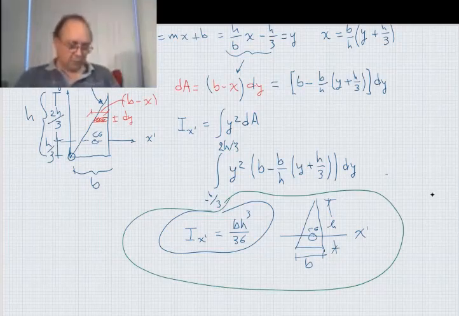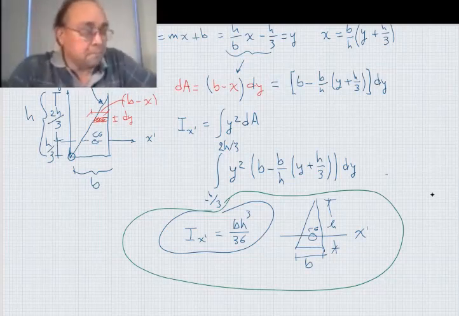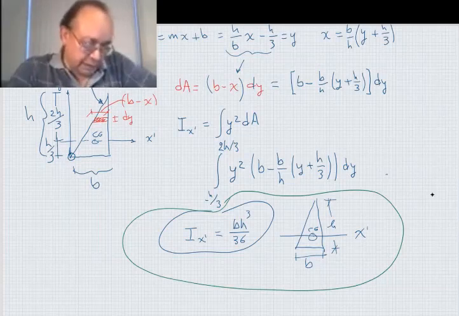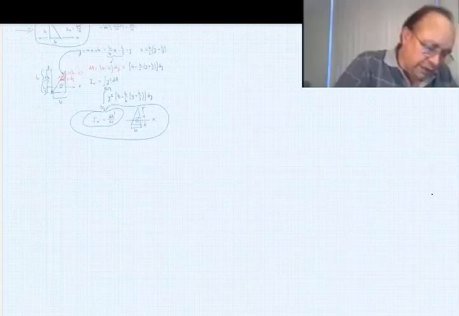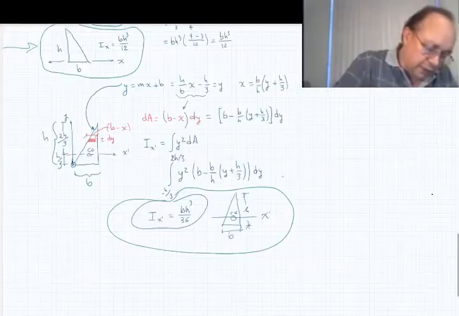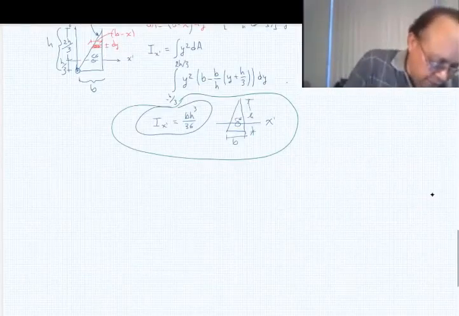Okay, good. So we have several findings here. Well, how do we use these basic figures in order to find the moment of inertia of a more complicated figure? In order to do that, let's say we're going to find the moment of inertia of an I section of a beam.